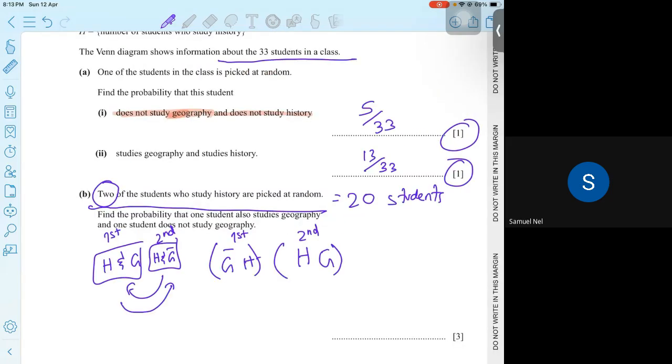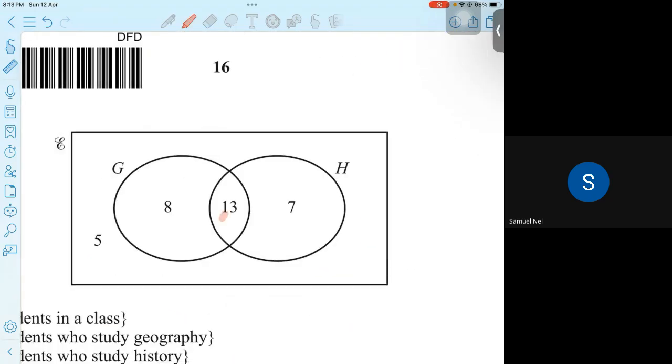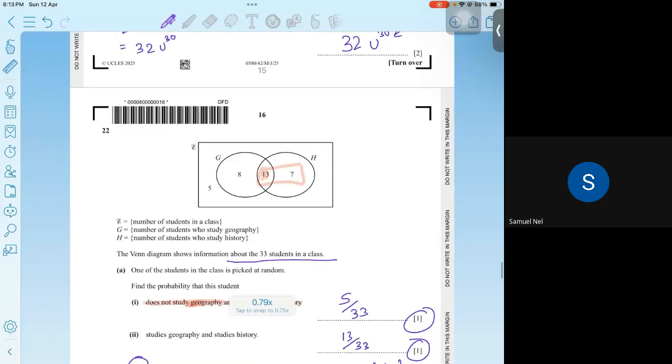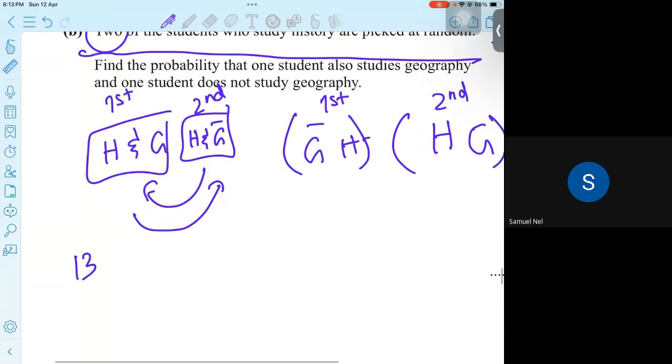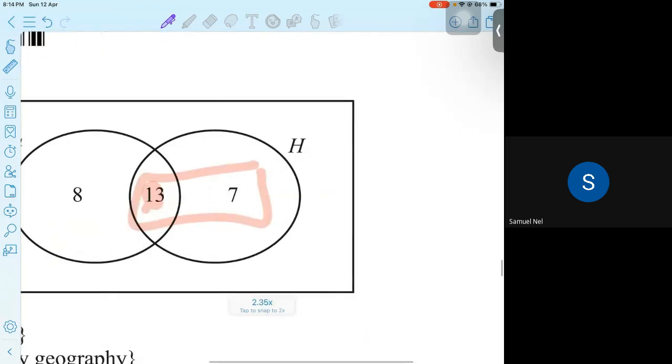So when I say history and geography, I'm basically saying these students out of the 20 students, right? So that's 13 over 20. Now, when I'm trying to find history and not geography, I'm referring to these students, but I have to also take into consideration that one of these students has been taken, right?